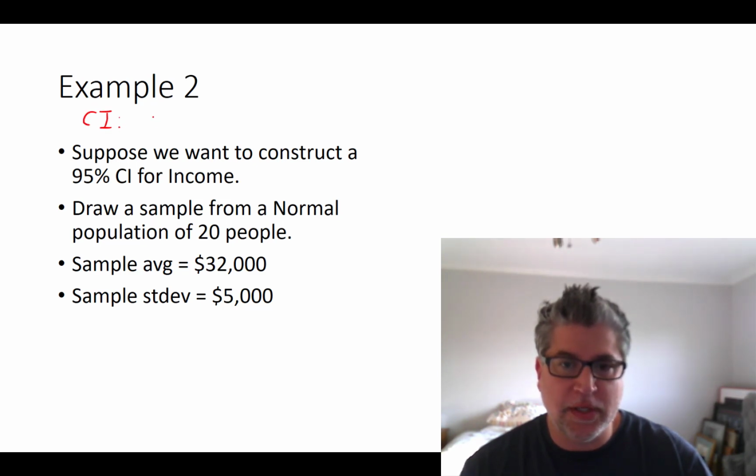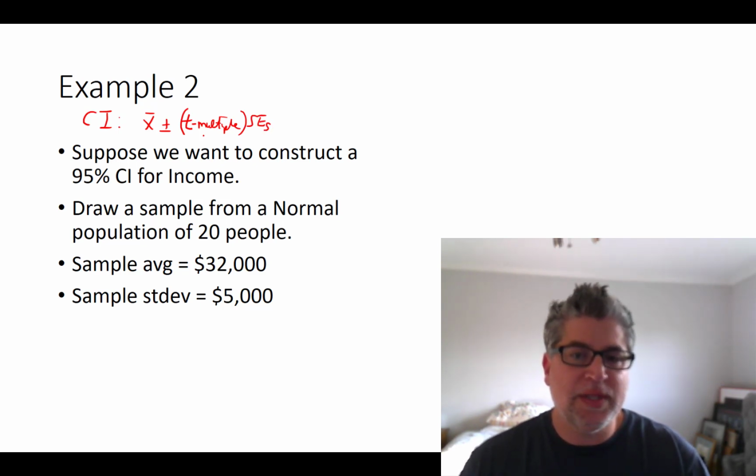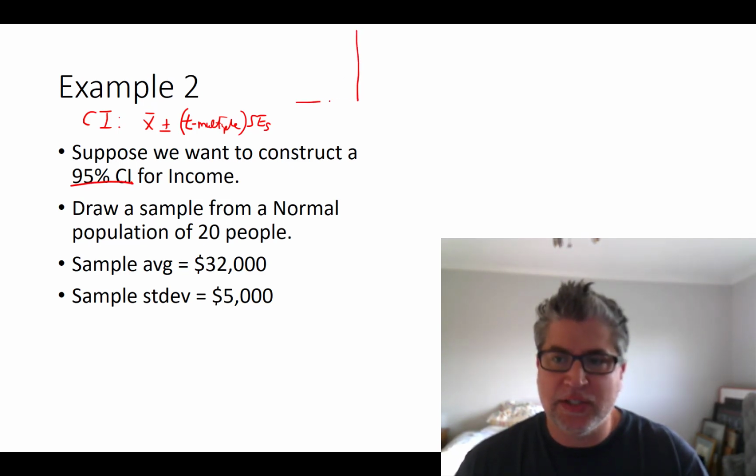Remember, our interval is going to be our estimate plus or minus some margin of error. That margin of error is going to be a certain number of standard errors. So we need to know what this certain number is that matches up with 95% confidence. So the process is just like with the normal.